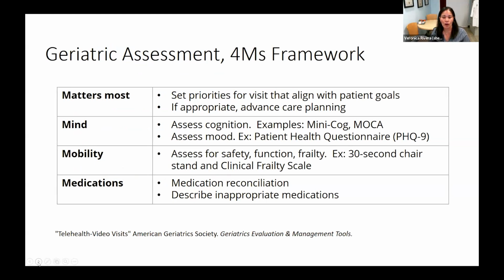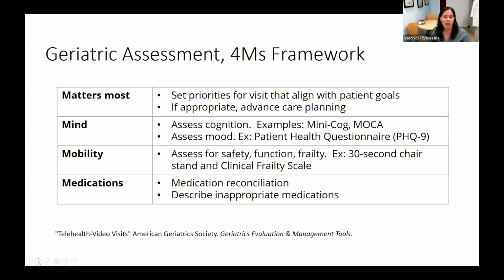And there are ways to incorporate the Ms and do age-friendly appropriate care during these visits. So for matters most, definitely still possible to set priorities for the visit to make that align with the patient's goals. If appropriate, absolutely can do advance care planning on audio or video visits.